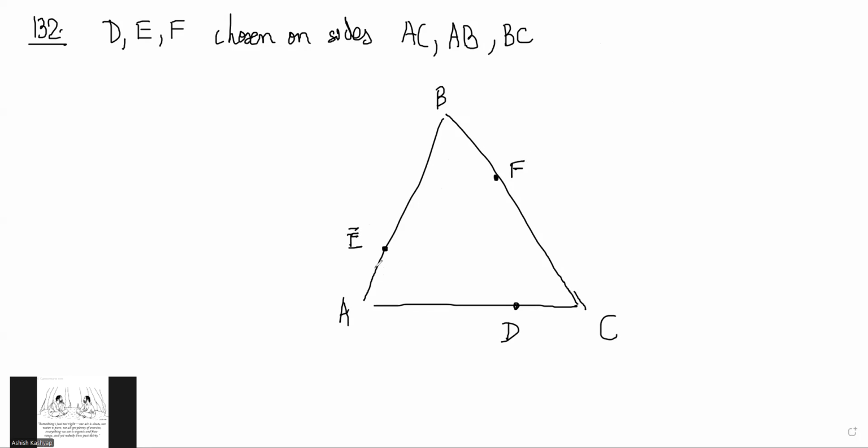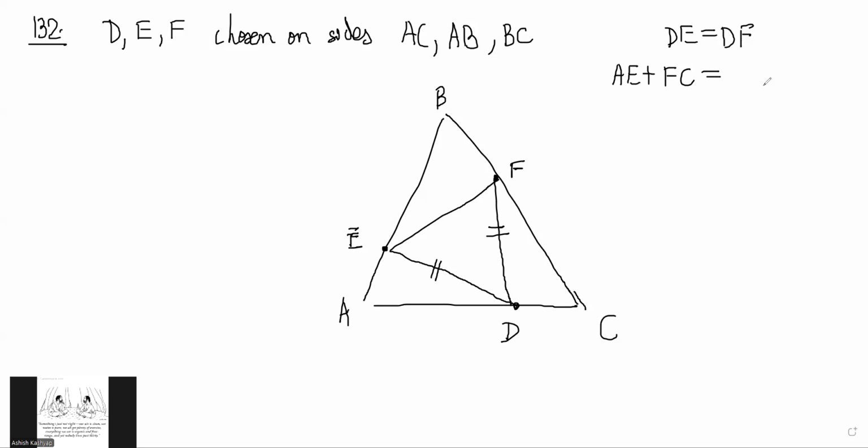The points are chosen in such a way that DE is equal to DF, and also AE plus FC is equal to AC.